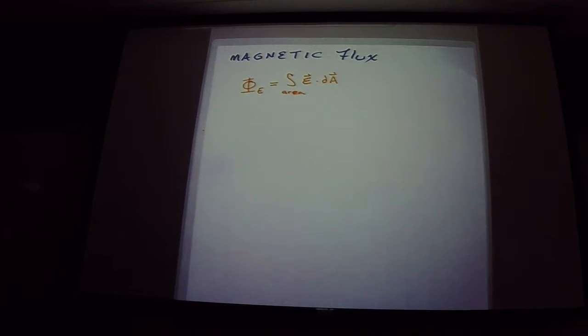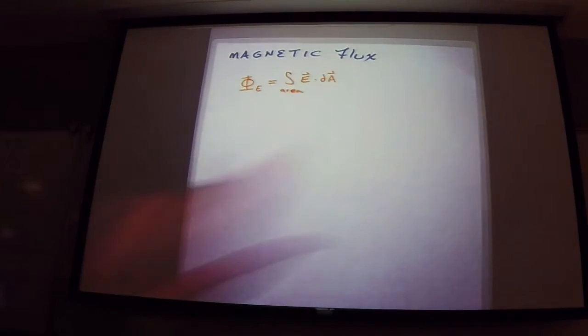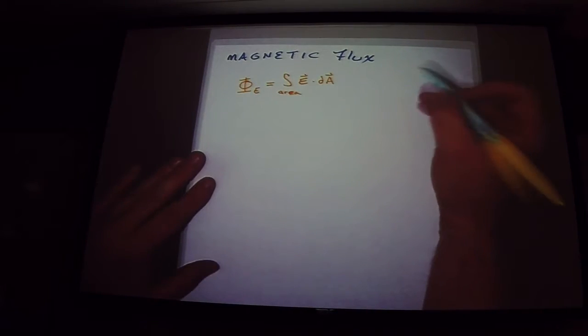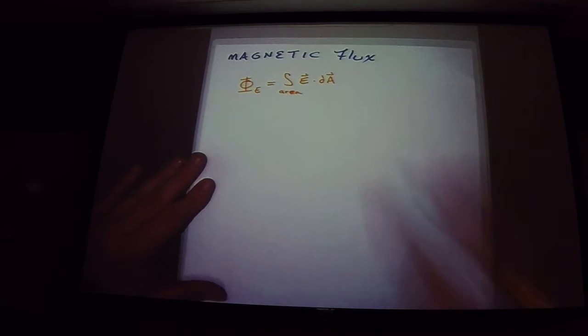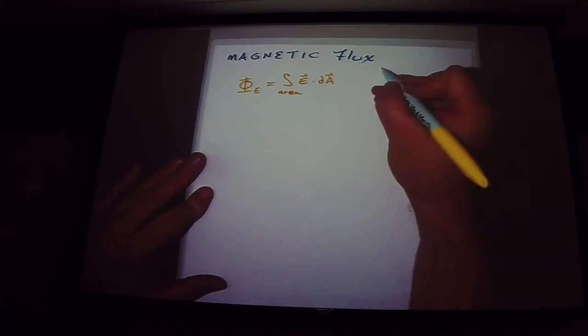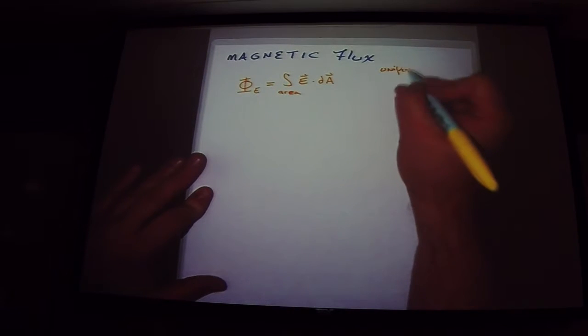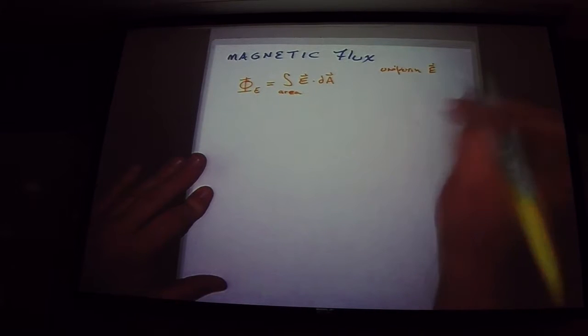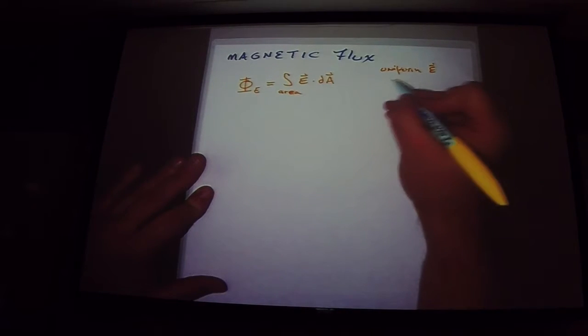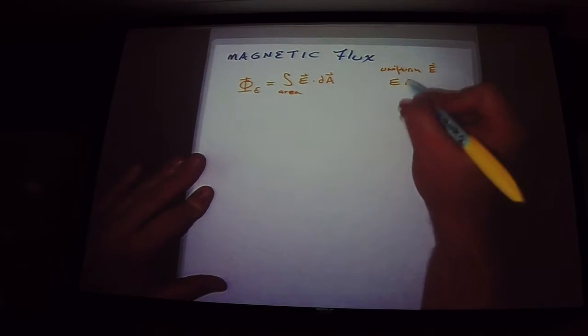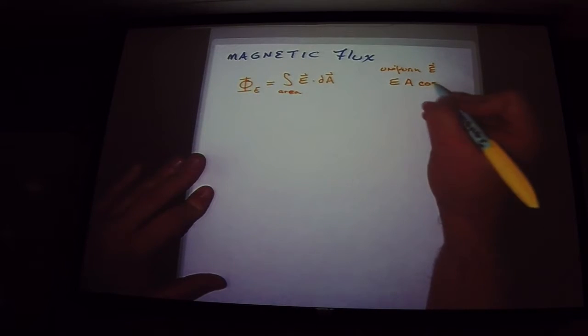So if the electric field is uniform and it's at a particular angle to the area vector, then this becomes, for uniform electric field, EA times the cosine of the angle between them.